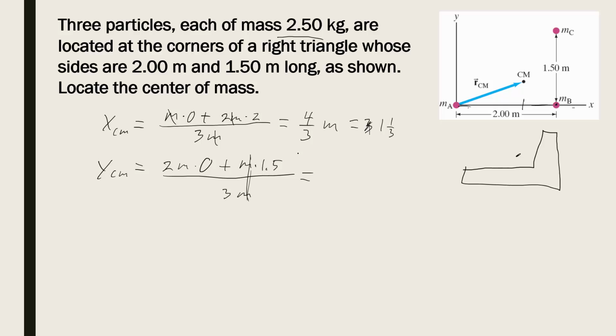Those m's cancel out, so we're going to get 0.5 meters in this case. That was meters as well, right? So if that's 1.5, it's about 1/3 of the way up, and so our center of mass is located right there. If we wanted to find this actual distance here, our displacement vector to the center of mass, you could just do Pythagorean theorem with those, and away you go.